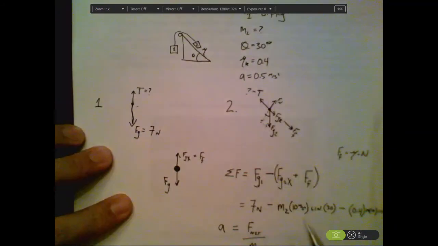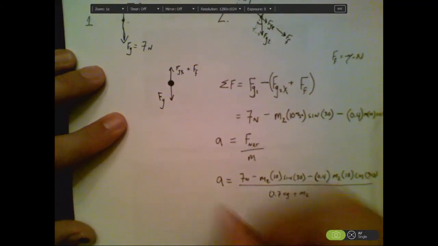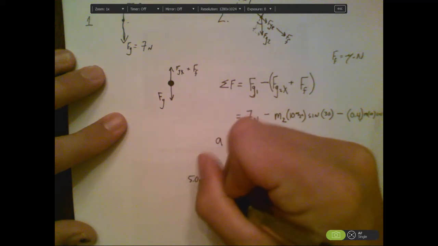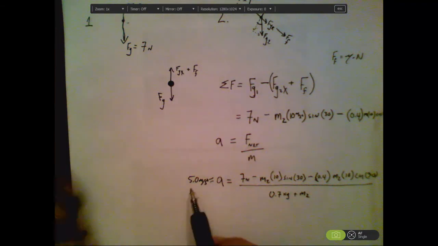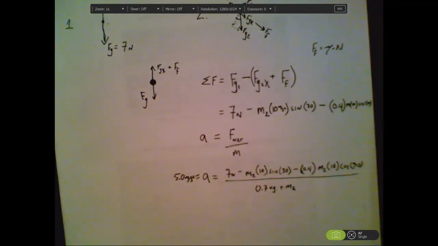We know that our acceleration is 5 meters per second squared, so all of this is equal to 5.0 meters per second squared. Now what we've got is one huge equation with one unknown. The unknown is mass 2. I'll leave you with that. See if that helps you.